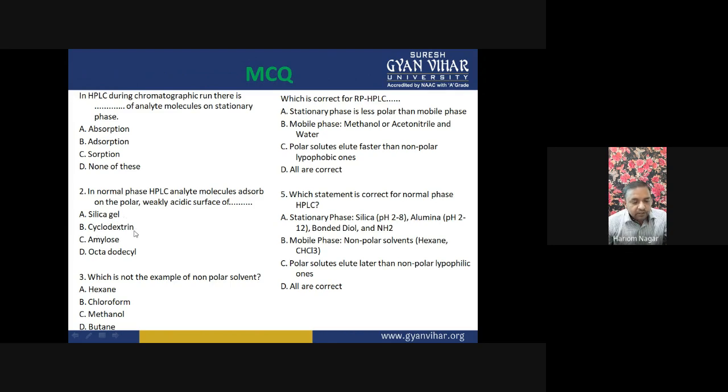In cyclodextrin, there is inclusion complexation between the analyte and the polar group of the cyclodextrin. In amylose, there is adsorption: the analyte molecules interact with the hydroxy groups present in the amylose, and by this interaction there is adsorption of the analyte molecule on the stationary phase molecules.